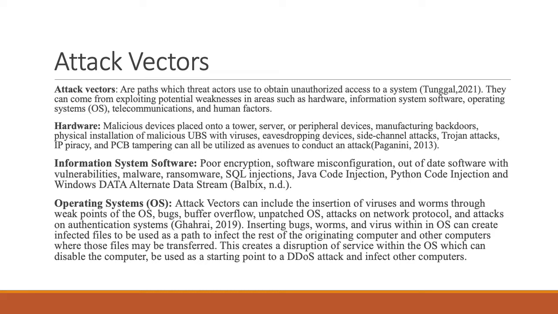In addition to that, operating systems can include the insertion of viruses, worms through weak points of the OS. They can install bugs, buffer overflow, unpatched OS, and attack on network protocols. So there's different types of attacks that can occur through these different areas.